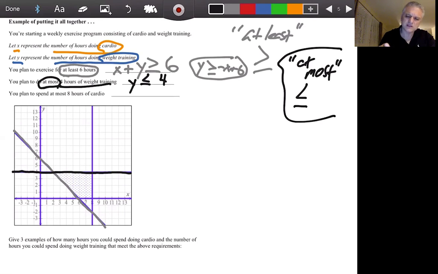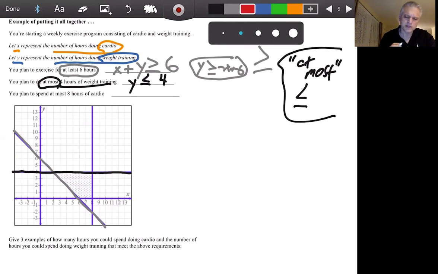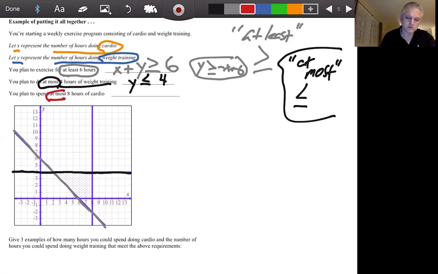And then finally, they have one more sentence. That sentence says, you plan to spend at most 8 hours of cardio. Again, maybe you don't have time to run more or bike more or do the elliptical or whatever you do for your cardio. But at most, 8 hours of cardio.